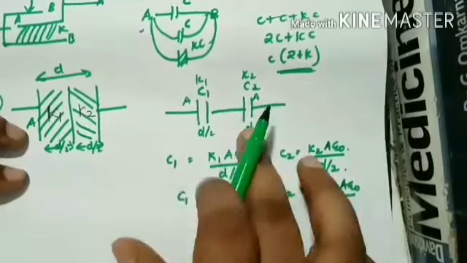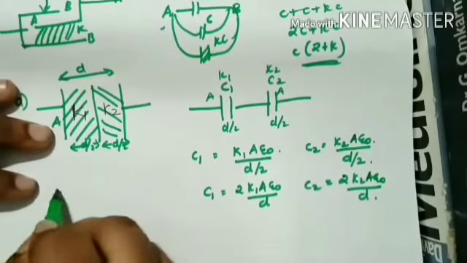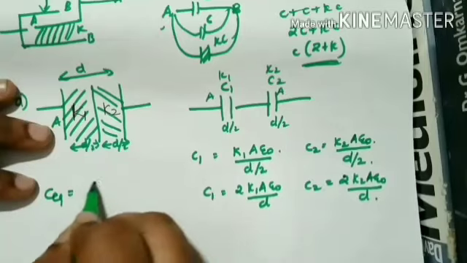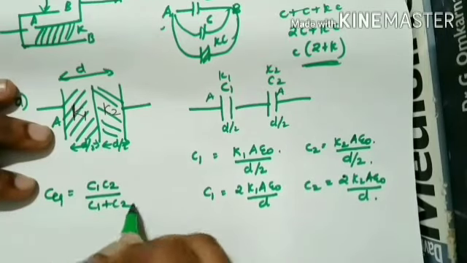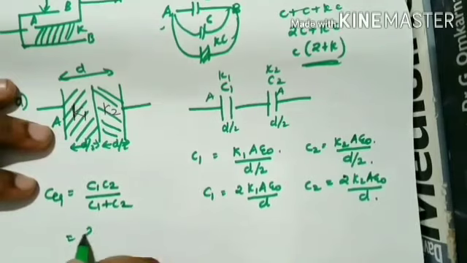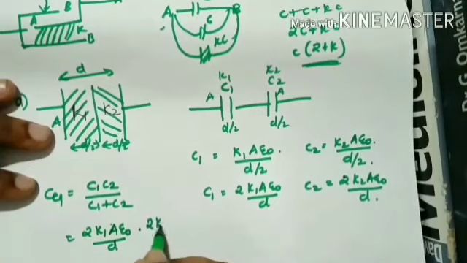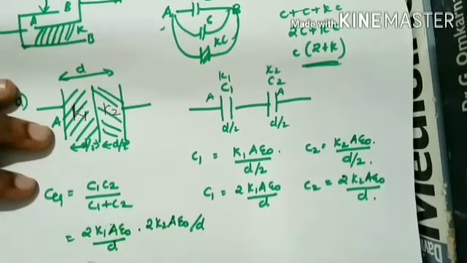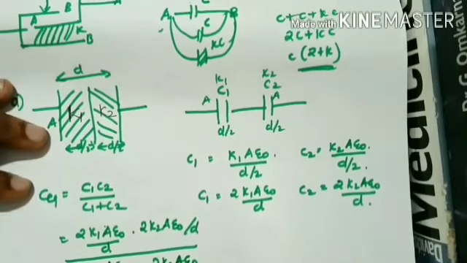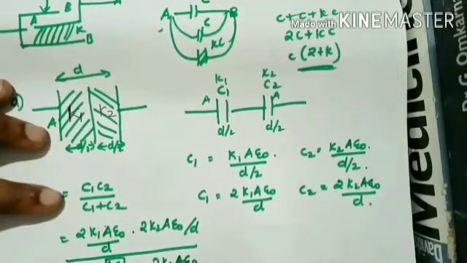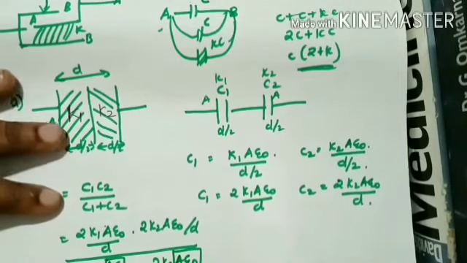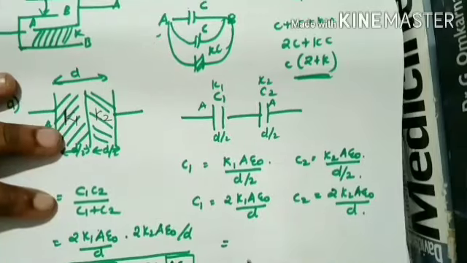Now these two capacitors are in series, so how can you calculate the resultant equivalent capacitance? That is C1 C2 divided by C1 plus C2. So I just have to multiply 2K1 A epsilon naught by D into 2K2 A epsilon naught by D, whole divided by the sum of these two, 2K1 A epsilon naught by D plus 2K2 A epsilon naught by D. In both these terms I have A epsilon naught by D common, and 2 also, so I will take it out.